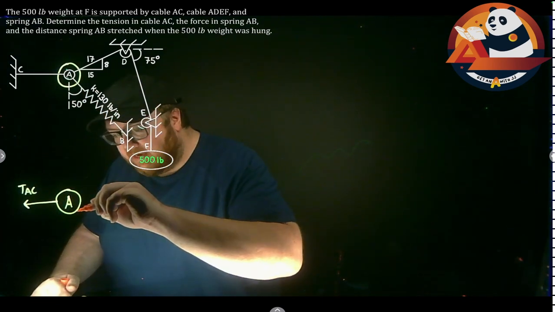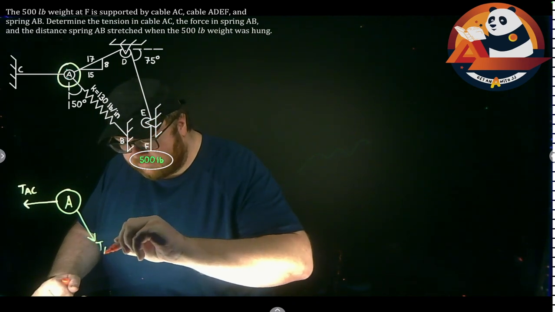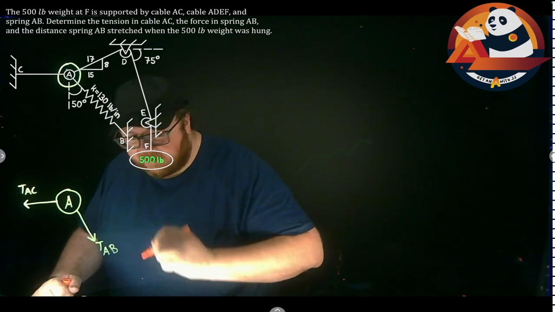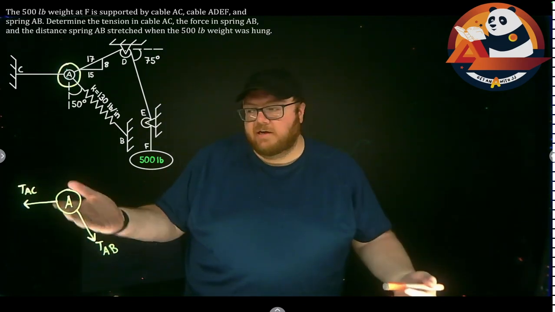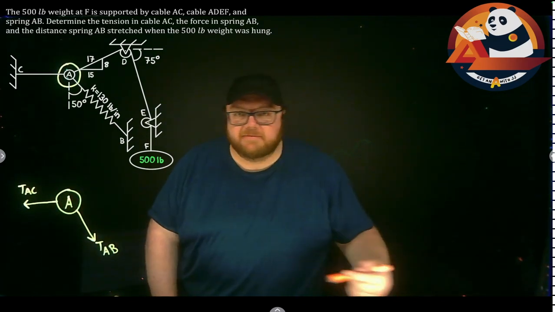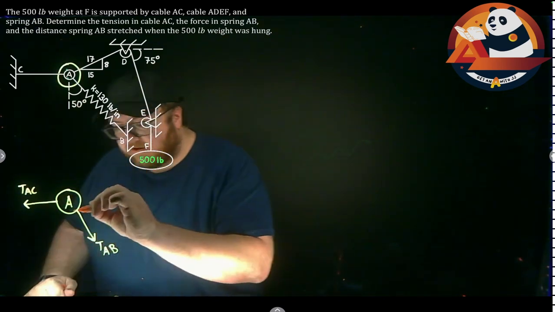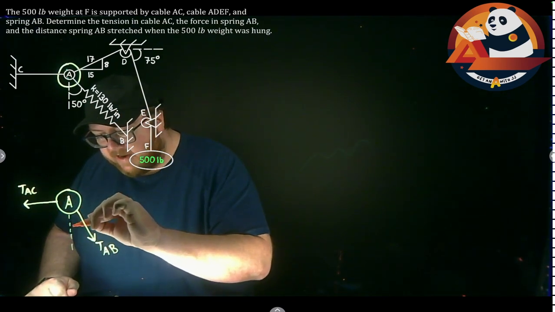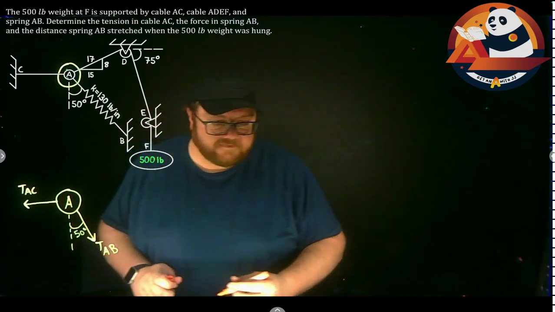So we'll show one force there, down and to the right, T_AB. That's a spring, but we still just show it as one force because forces show up in our free body diagrams, not springs. And we're given that this is a 50-degree angle from vertical. So go ahead and label that as well, 50 degrees from vertical.